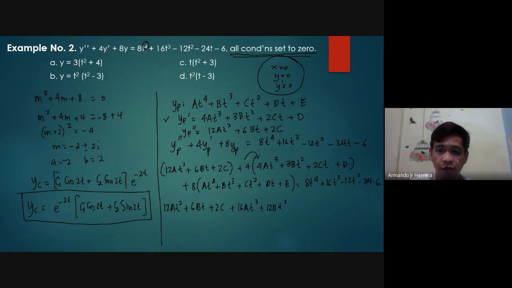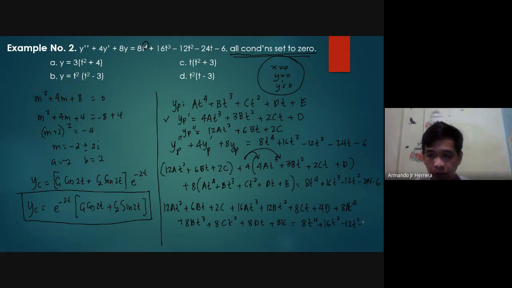So, distributing this 4, you have plus 8ct plus 4d, then plus 8at to the 4, distributing 8, you have plus 8bt cubed plus 8ct squared plus 8dt plus 8e equals 8t to the 4th. Copy lang natin yung nasa right side minus 24t minus 6. So let us try. So ito na yung ating working equation.